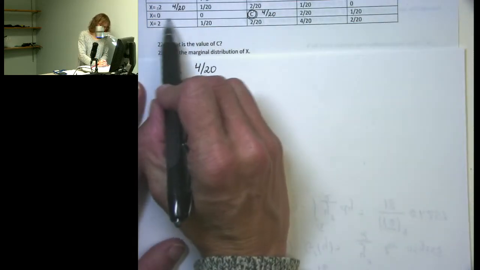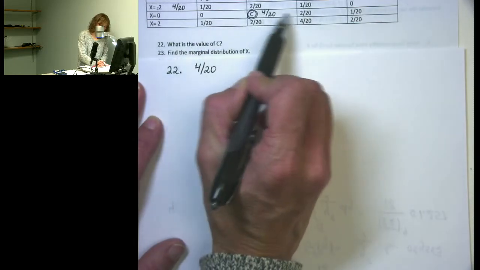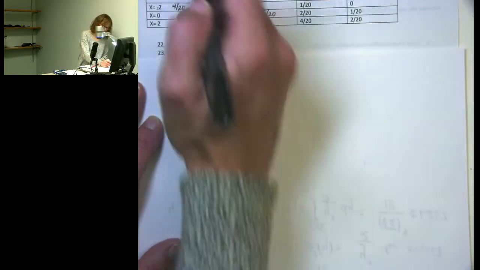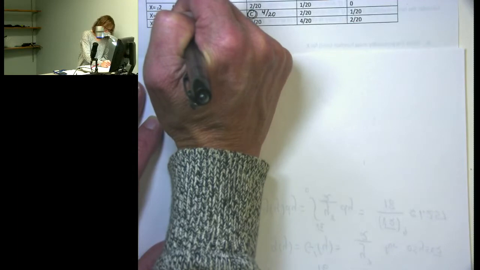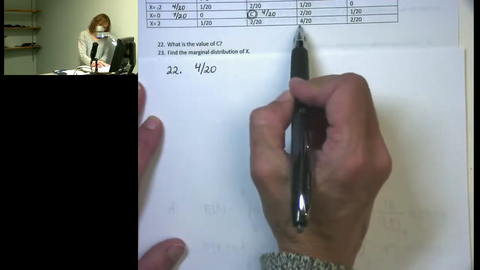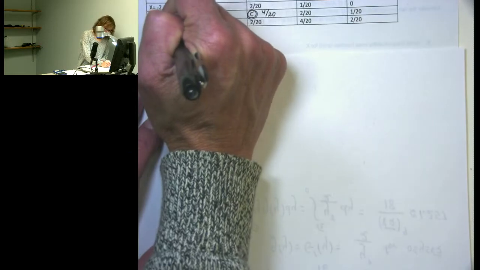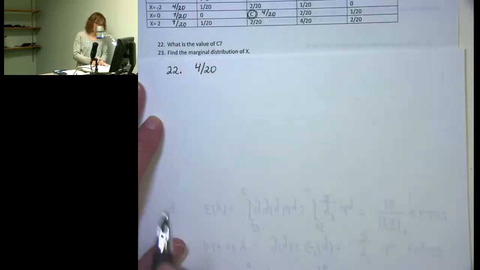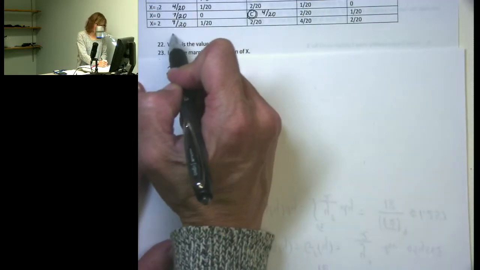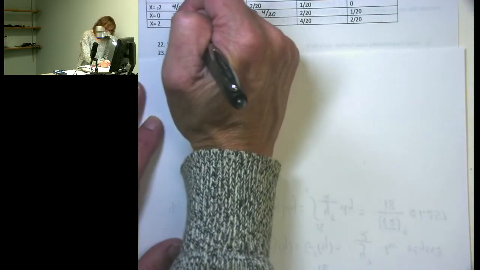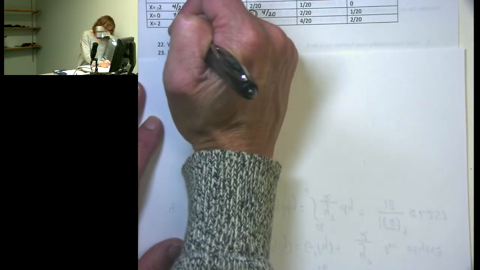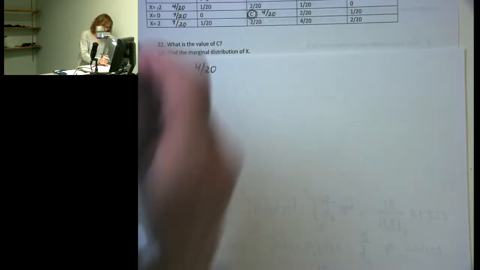If I add across with x equal to 0, I get 4/20 plus 2/20 plus 1/20 is 7/20. And then here I have 4, 5, 6, 7, 8, 9/20. And then I just again need to make sure that these add up. So let's see, 4 and 7 is 11 and 9 is 20, so that's perfect.